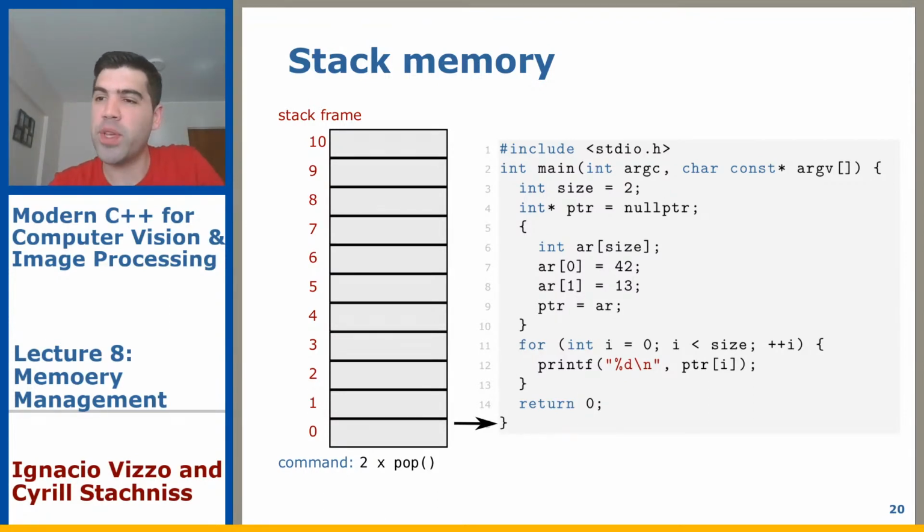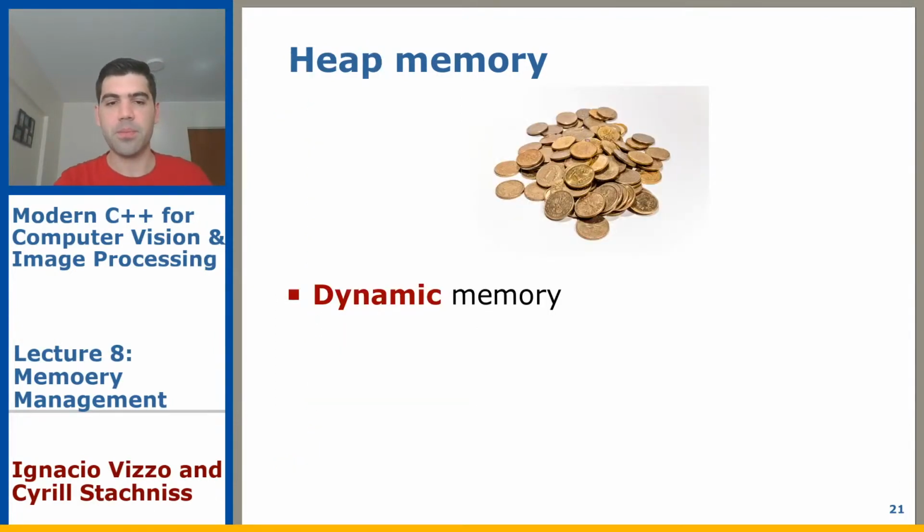And every time you create a variable, so you're working on a program, and you have a function, and you say, okay, floating point b, this variable will go to the stack, right? Keep this in mind. And then the heap memory is something that we call dynamic memory.